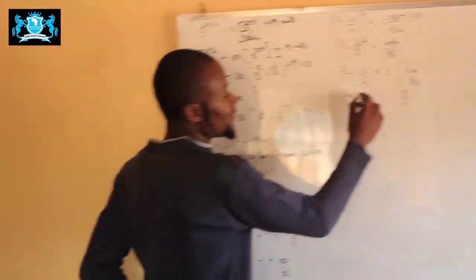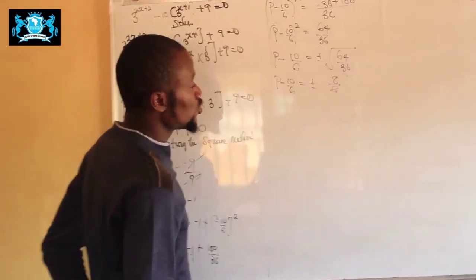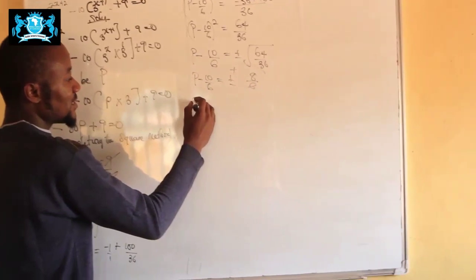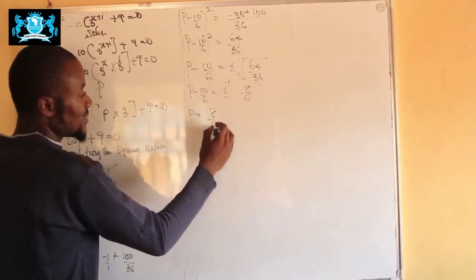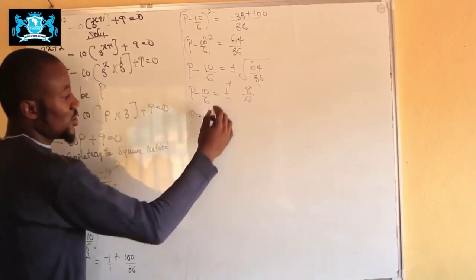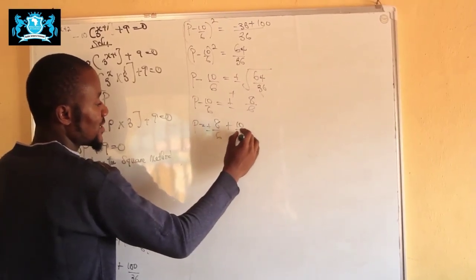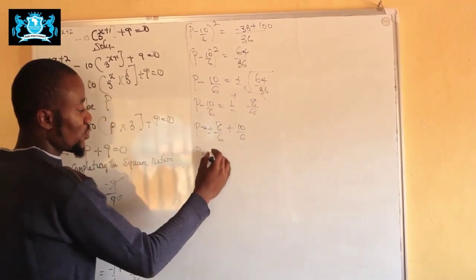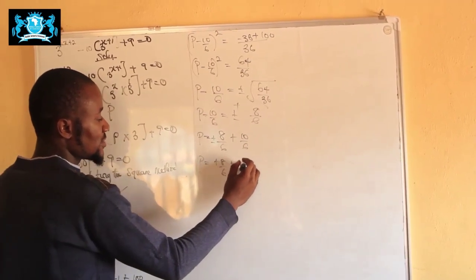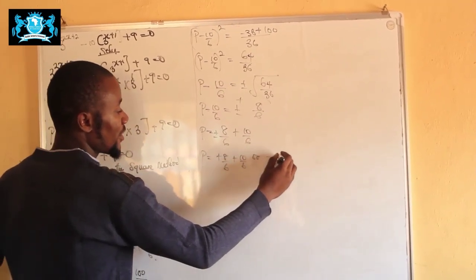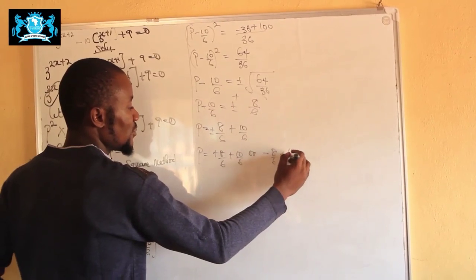So you have this one moved over to the other side as plus. So you have p is equal to plus or minus 8 over 6, plus 10 over 6. We have p is equal to 8 over 6 plus 10 over 6, or minus 8 over 6 plus 10 over 6.